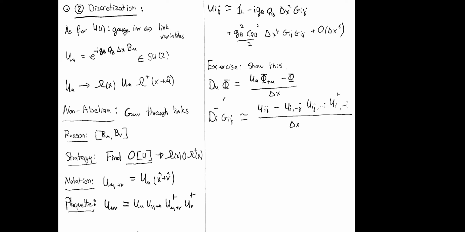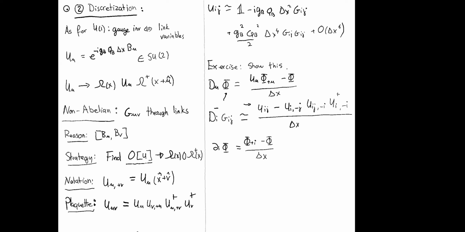This discretized covariant derivative, the way to think about it is really that a normal derivative, let's say if I wanted to write D_i G_ij, I would simply, let me say it for the scalar field first, and then I can say it for G_ij. If you wanted to write D_i phi, what you would write is just phi at x plus i minus phi, divided by delta x.